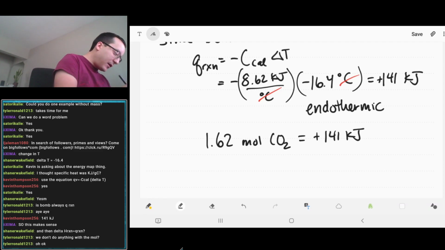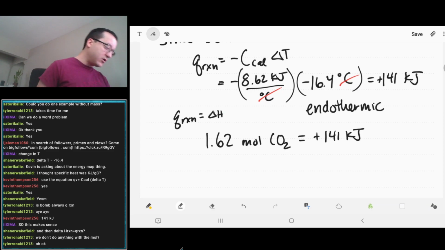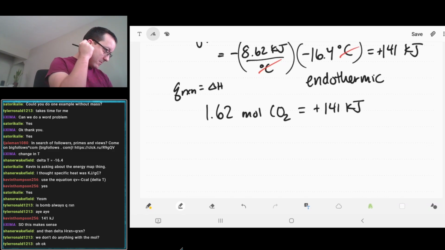So you're absolutely right, Q reaction equals delta H, and we're trying to find delta H reaction. Remember, delta H reaction is basically just for 1 mole. So how are we going to make this so that it's 1 mole?